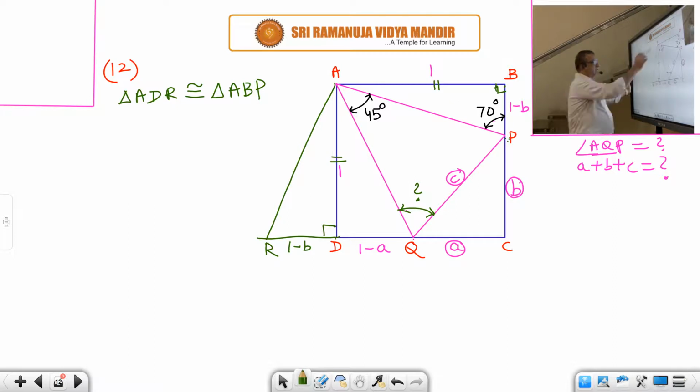Therefore, sides AD, RD are equal to sides AB and BP, and the angle in between, 90 degrees, is also there. So the two triangles are congruent, and this side AR will be equal to this side AP.